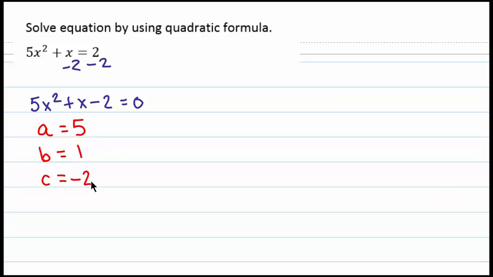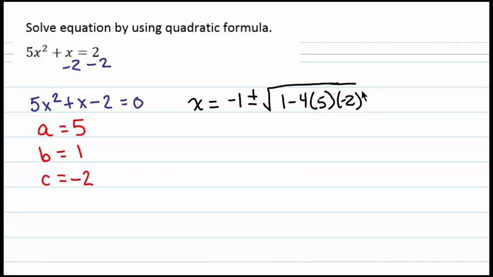If you don't know your quadratic formula, then of course you should write your quadratic formula. I'm going to go right into plugging it in. So I have x is equal to negative b, so negative 1, plus minus the square root of b squared, which is 1, minus 4 times 5 times negative 2, all divided by 2 times a, which is 5.